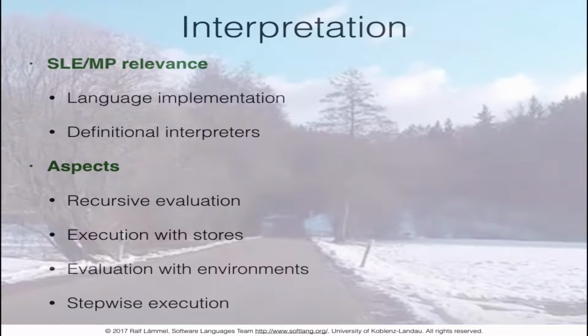And so I'm going to go through a few aspects here: recursive evaluation as a baseline, and then execution while also using stores as needed for imperative languages, and then also evaluation when using environments for bindings, and then also the issue of stepwise execution as opposed to just recursive evaluation.